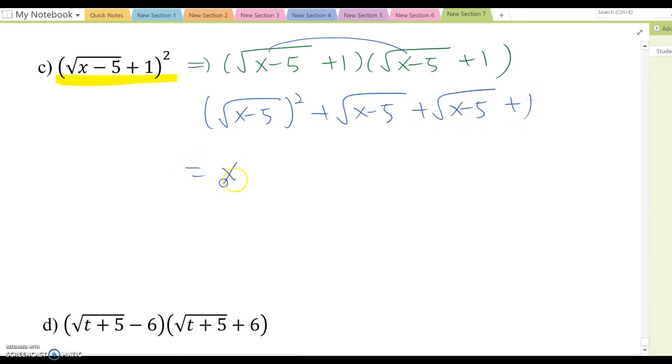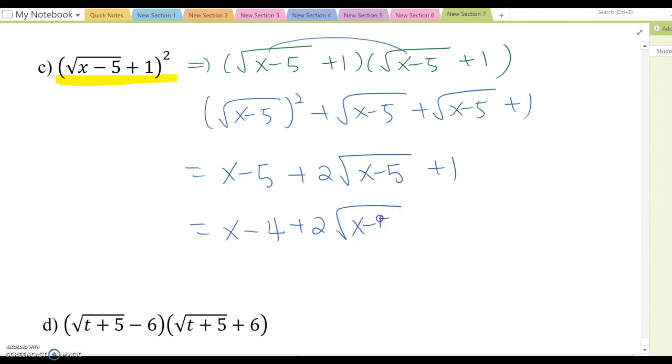So it becomes x minus 5 plus 2 square root of x minus 5, and plus 1. Therefore, it becomes x minus 4 plus 2 square root of x minus 5. That should be the answer. Please don't calculate between 4 and 2 because the 4 belongs to the non-radical part.